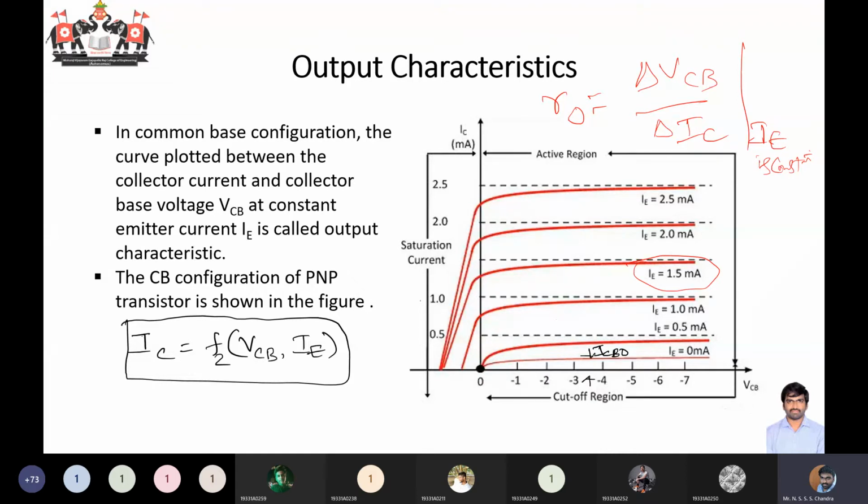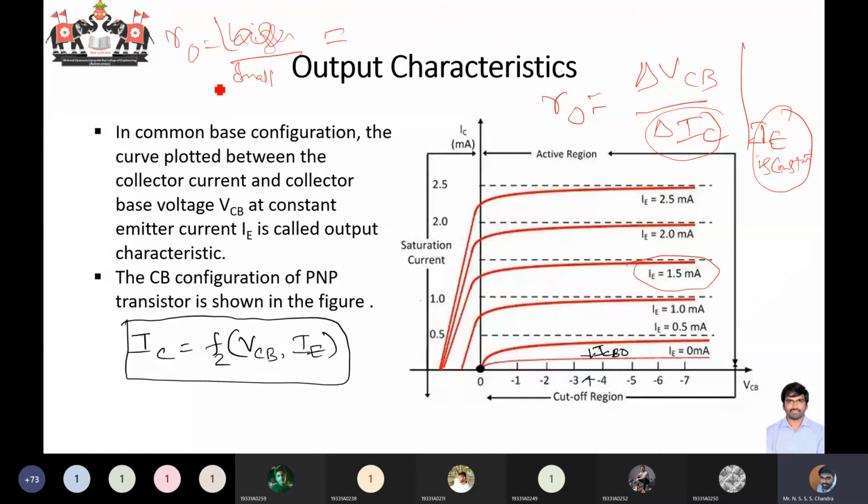Although you are changing VCB, your IC is not going to change because you have kept the IE value constant. So I can say that your R naught is equal to a large change in output voltage divided by a small change in output current. So what will be your output resistance, high value or low value?